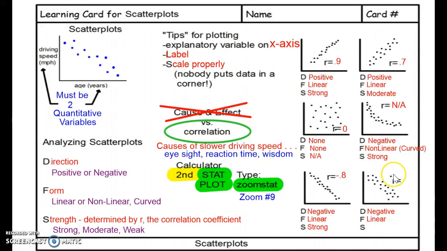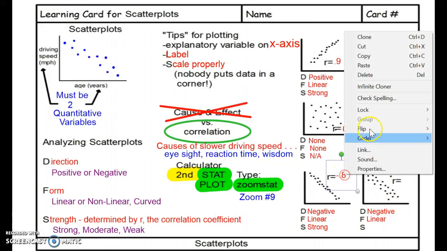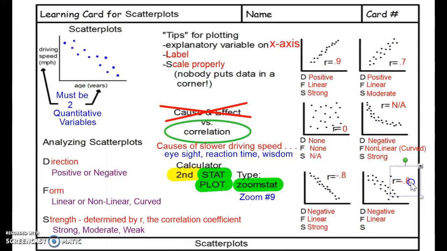This one little dot is kind of out here by itself, but that's not making any curve here. So it's still linear. And what is the correlation coefficient? Well, the correlation coefficient for this particular scatter plot, we're going to say is negative 0.5. If you get down into the 0.5s, you're getting closer to 0. And in that case, I would say that this is pretty weak.